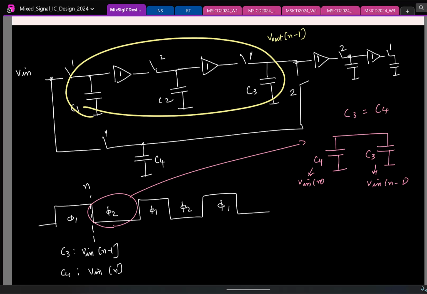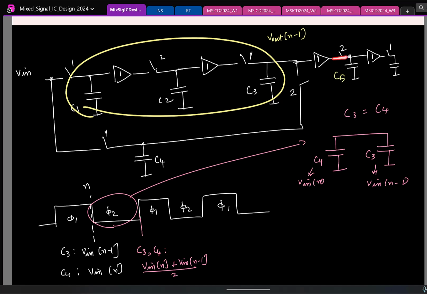So what will happen now? You can do charge conservation, it's going to get averaged. At the end of phi 2, C3 or C4, whatever, will have the average of V in of n and V in of n minus 1. So what will be the voltage across this capacitor C5?